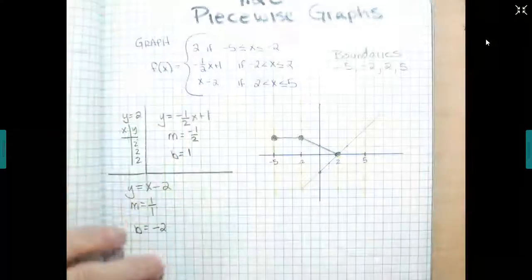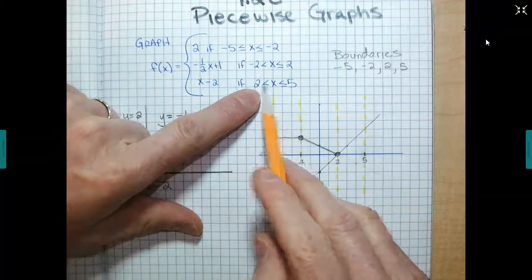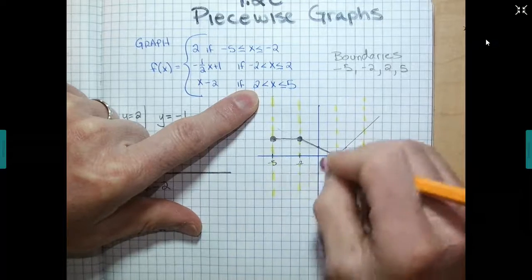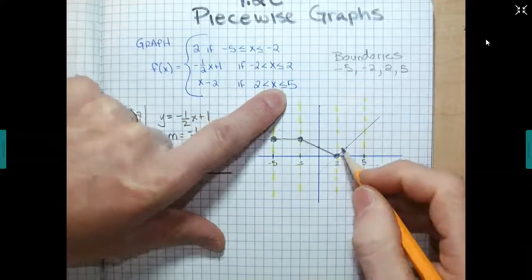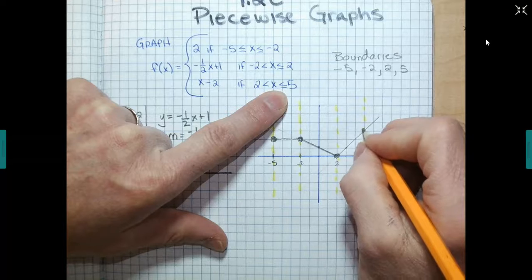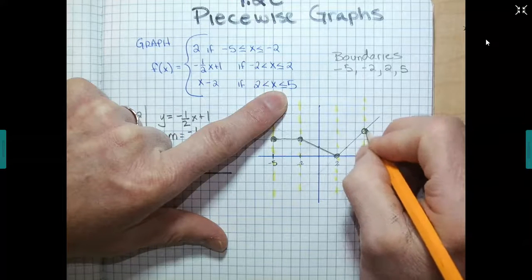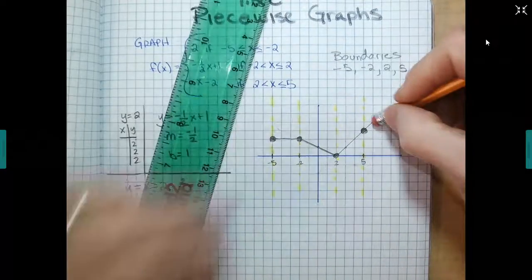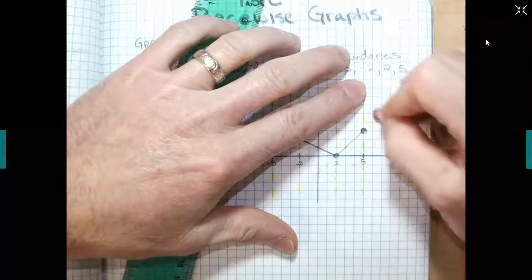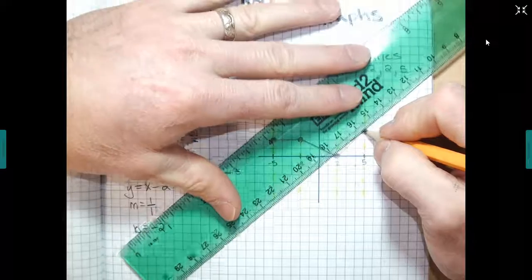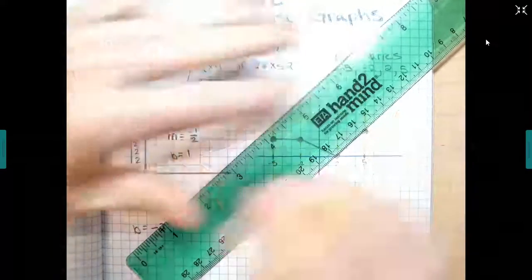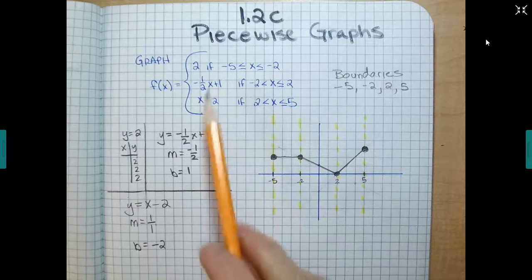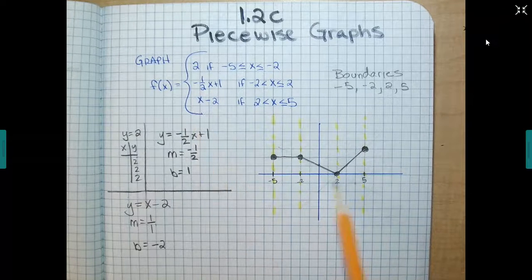So there's my line. x is greater than 2, so none of this below 2 is included. It's greater than 2 and less than or equal to 5. There it is, nothing above there. There we go. So we just reviewed how to graph these when we have our piecewise function. We have 3 functions, and I just graphed it.